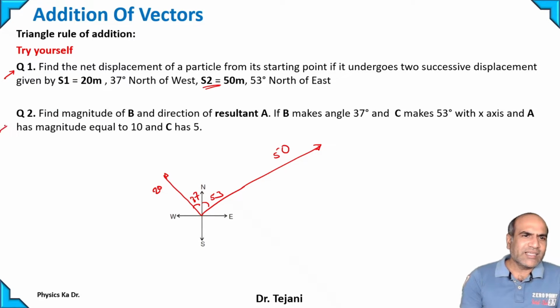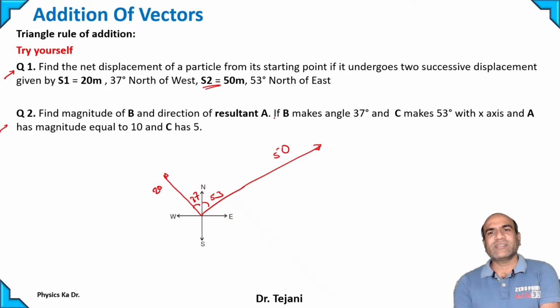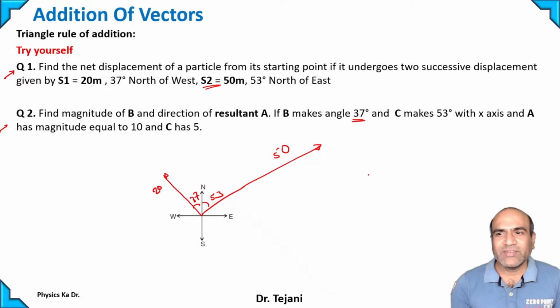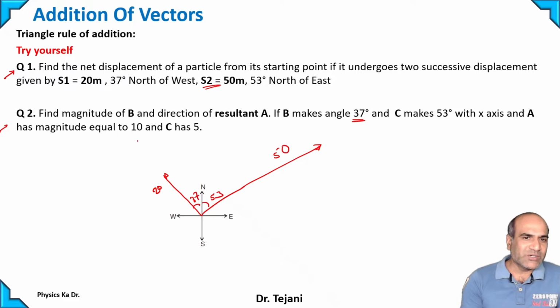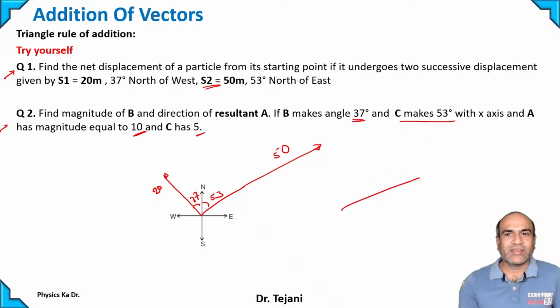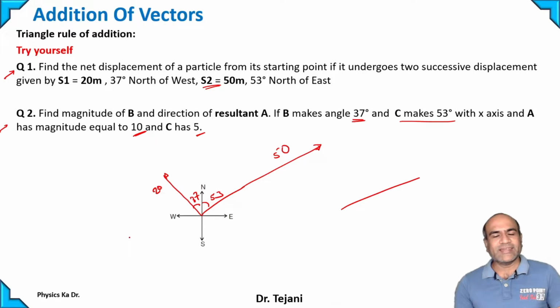Second, find the magnitude of B and the direction of the resultant A, if B makes an angle of 37 degrees and C makes an angle of 53 degrees with the x-axis, and A has magnitude 10 and C has 5. Another version: B makes angle 37 and C makes angle 53 with A, and magnitudes are given for A and C as 5.